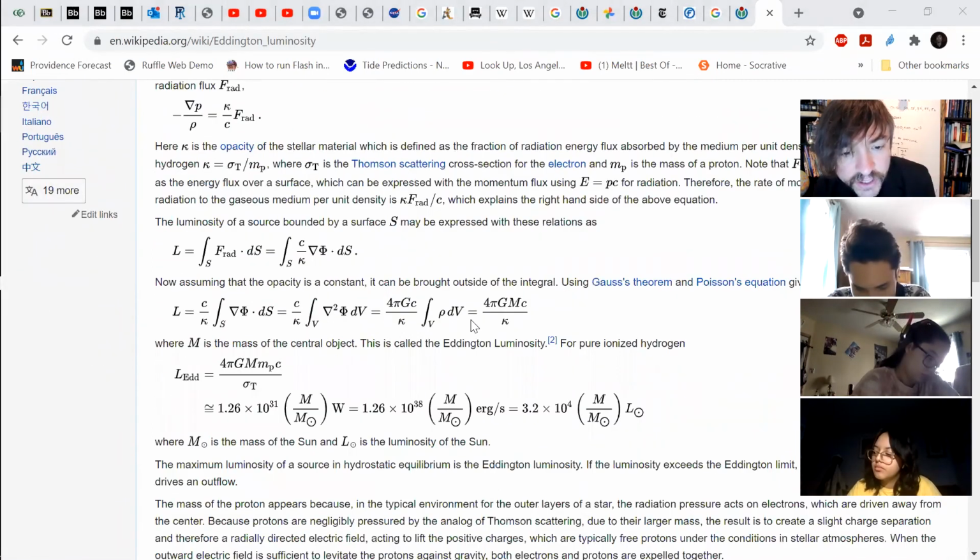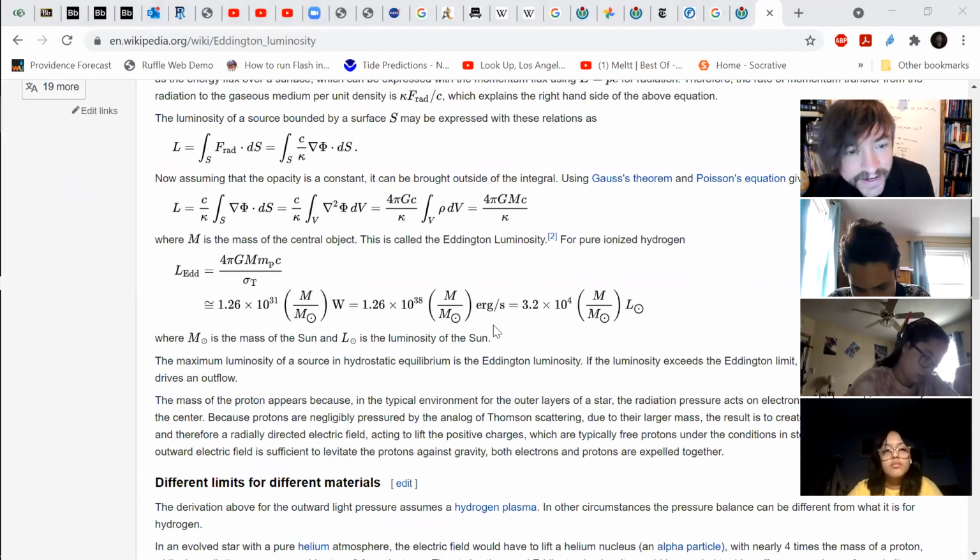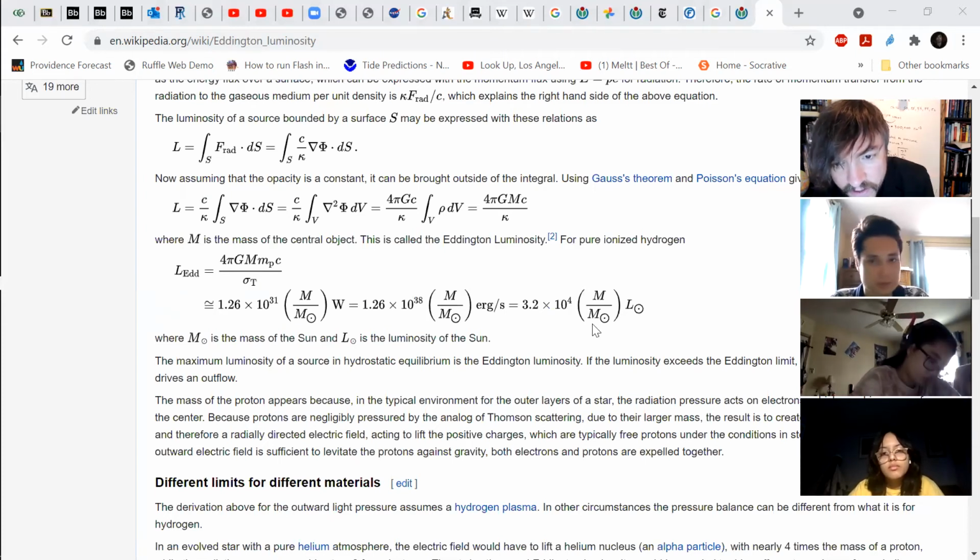The actual calculation's a wee bit over the cost of this class, but it looks like his calculation shows that it's 30,000 solar luminosities for every mass over the mass of the sun. And let me see if I can translate that into English for you, okay?